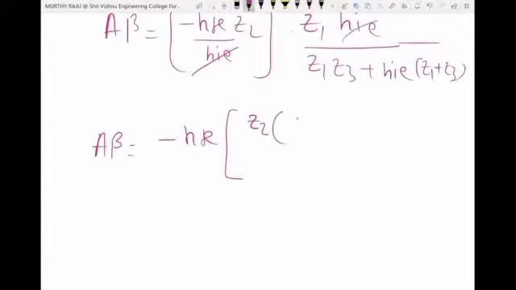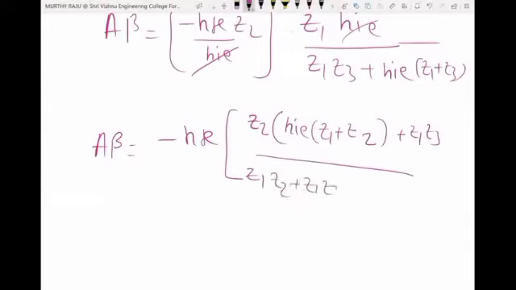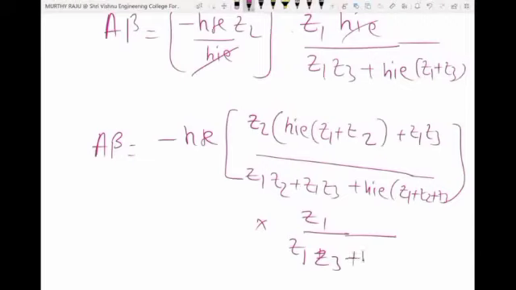Z2 into HIE plus Z1 plus Z2 Z1 Z3, divided by Z1 Z2 plus Z1 Z3 plus HIE Z1 plus Z2 plus Z3, into Z1 by Z1 Z3 plus HIE, Z1 plus Z3.